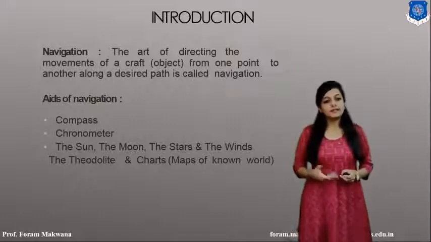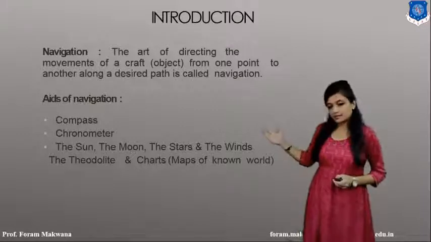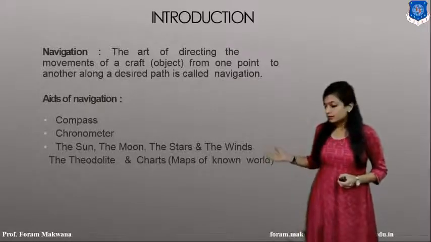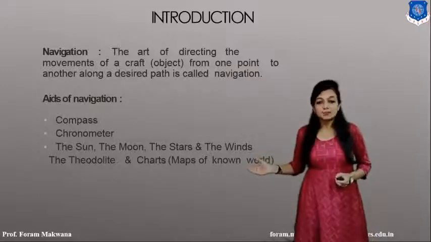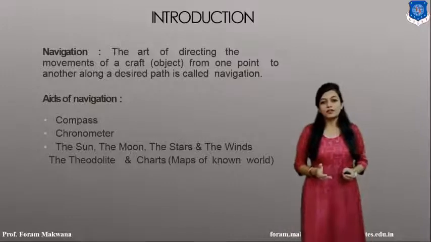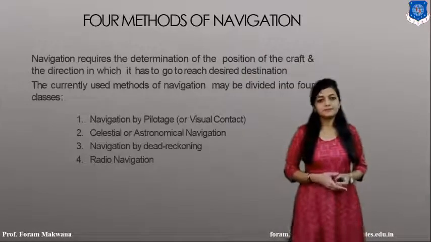What are the different aids of navigation? We can use a compass, chronometer, and the position of the sun, moon, and stars. So we can say that navigation is the art of directing any object, right?